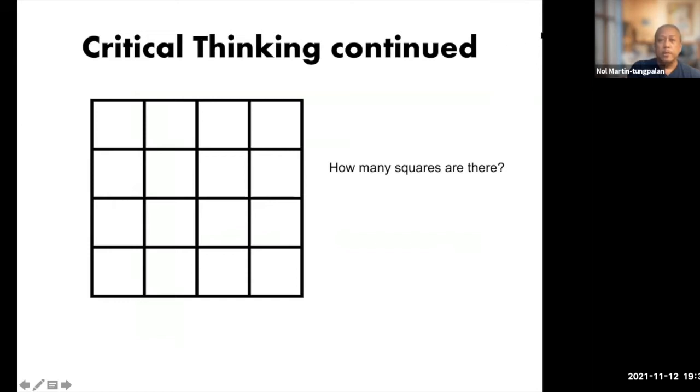All right, so again, we're going to continue critical thinking, and just to make it a little fun, I'll give you guys a few moments to figure out, and then if you can type in how many squares you think there are here.